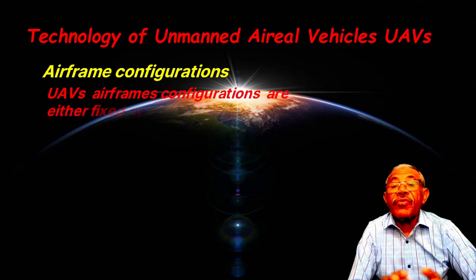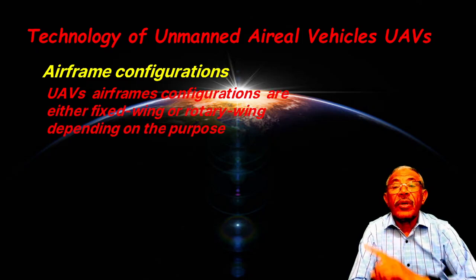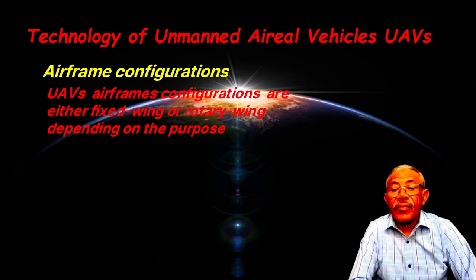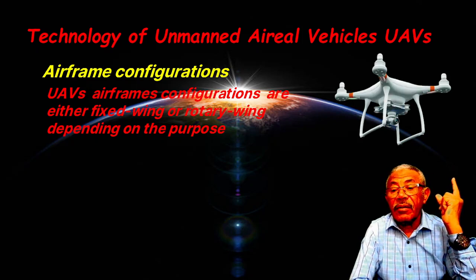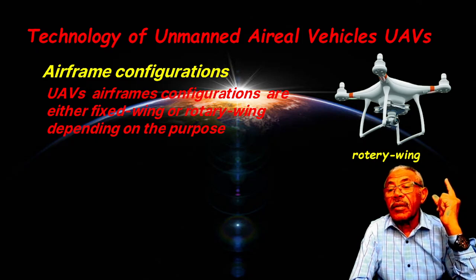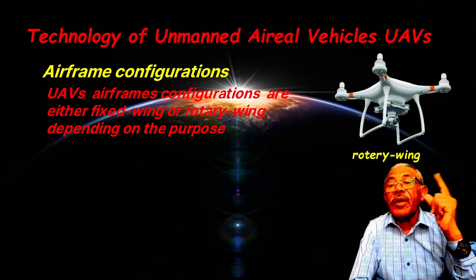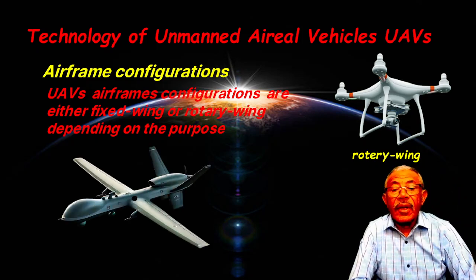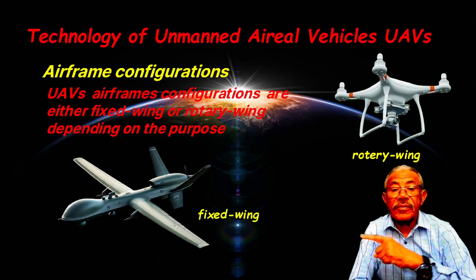UAV airframe configurations are either fixed wing or rotary wing. This is the rotary wing configuration. It could be quad rotors or multiples of an even number of rotors. And this is the fixed wing configuration.